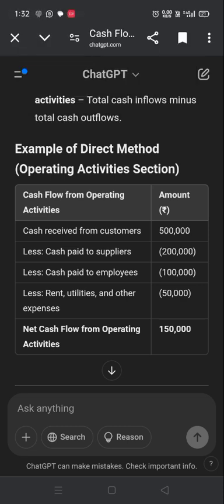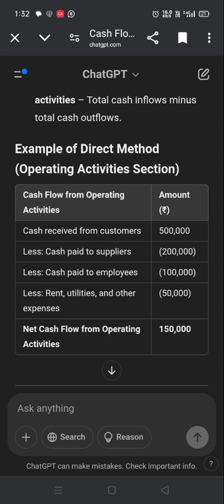Cash received from customers is 5 lakh. Cash paid to supplier 2 lakhs. Cash paid to employees 1 lakh. Rent, utility and other expenses total 50,000.